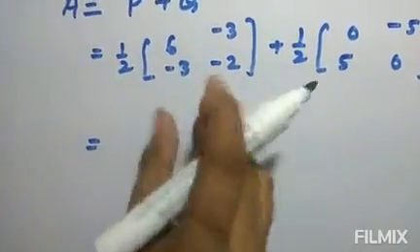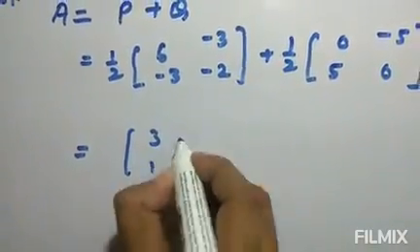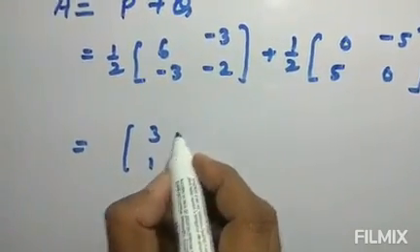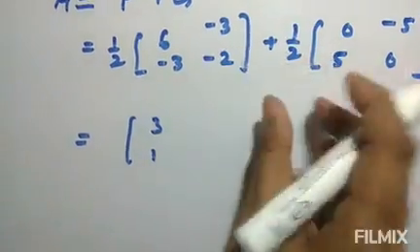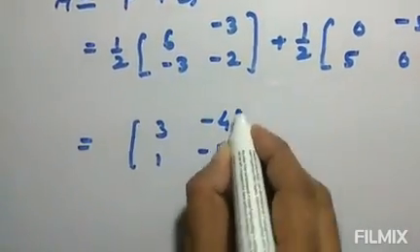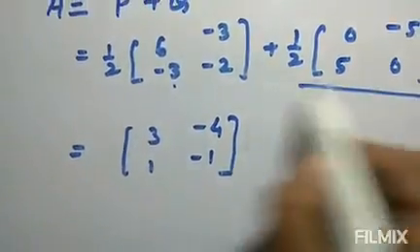Solving this and this, we get 3, 1, -4, -1. So it is a sum of a symmetric and a skew symmetric matrix.